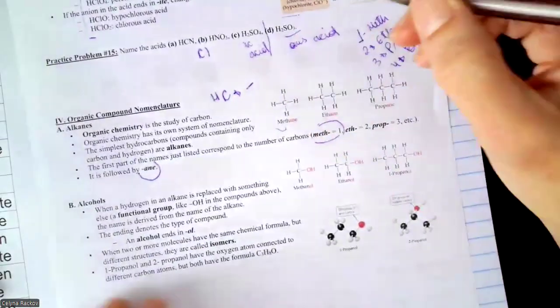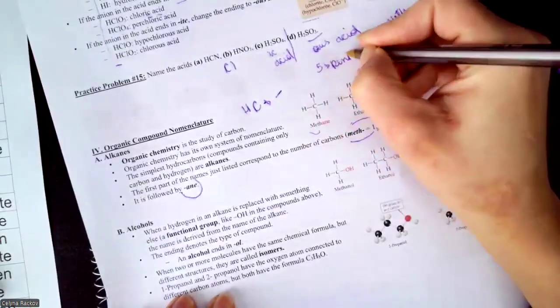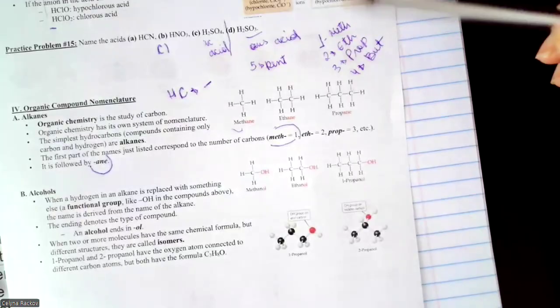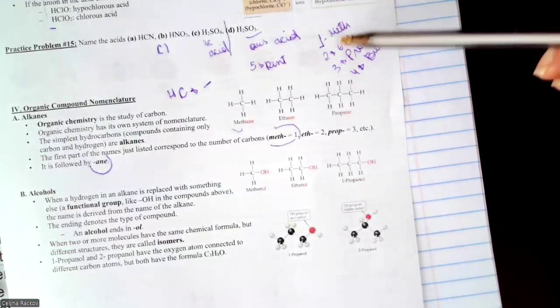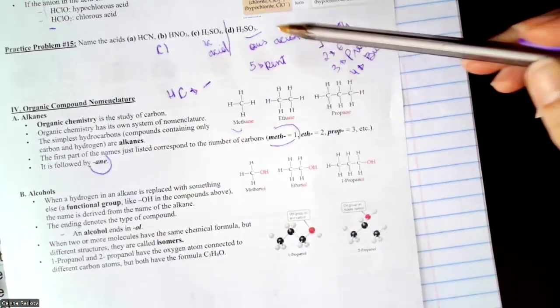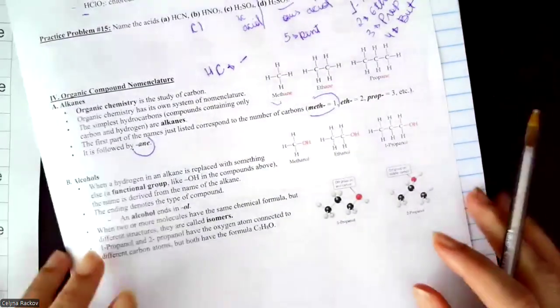So 5, penta; 6, hexa; and continuing. But from 1 to 4, there is a special nomenclature for organic chemistry. One carbon starts with meth, two carbons eth, three carbons prop, four carbons but. But after that, 5 is penta, 6 is hexa, the normal way of saying the numbers of the atoms.